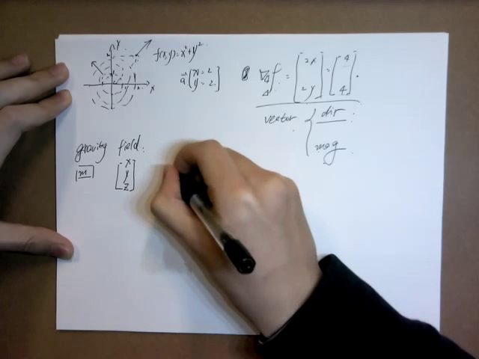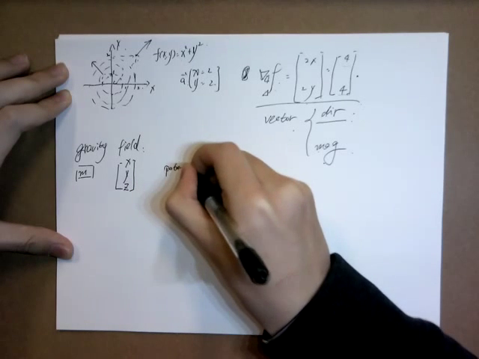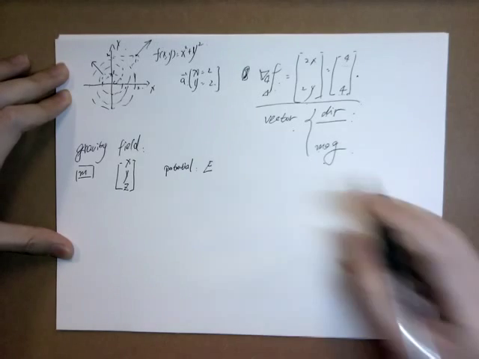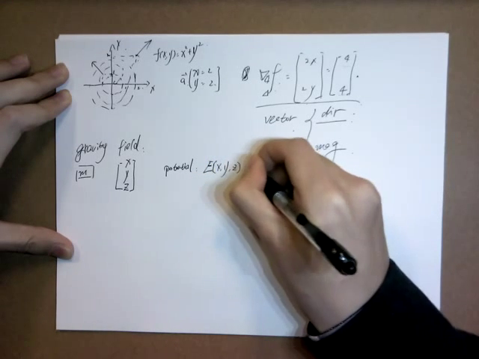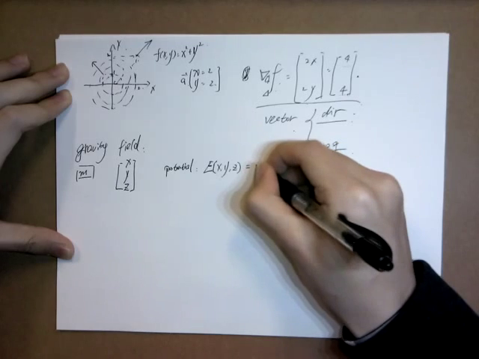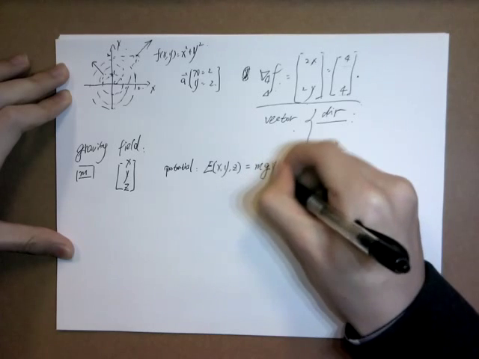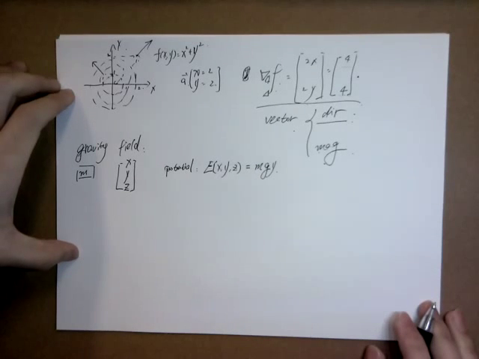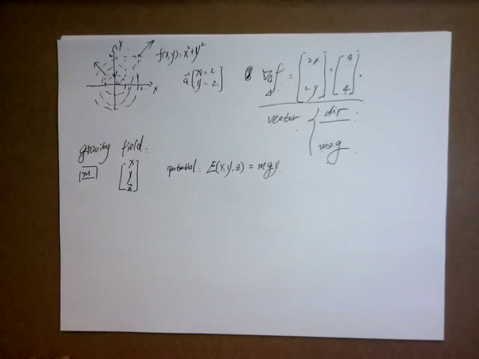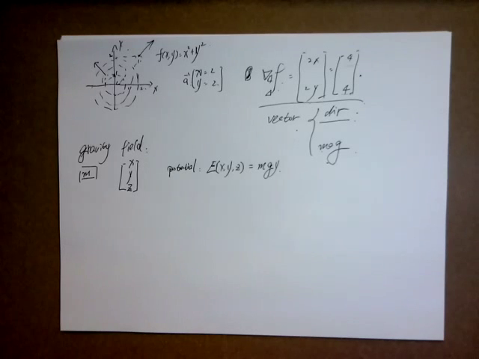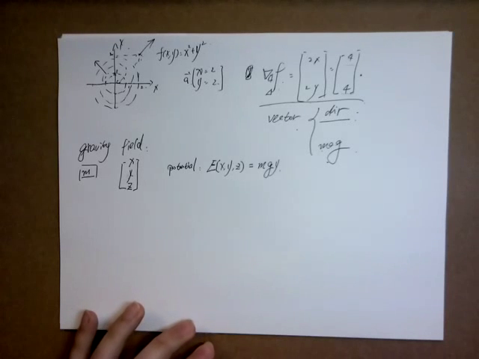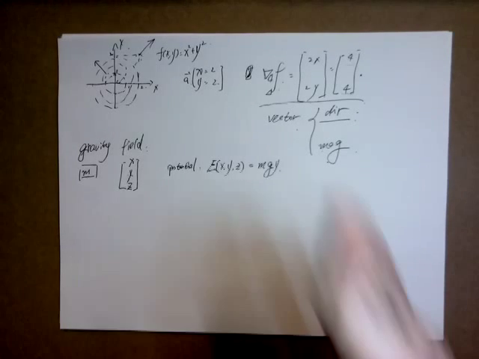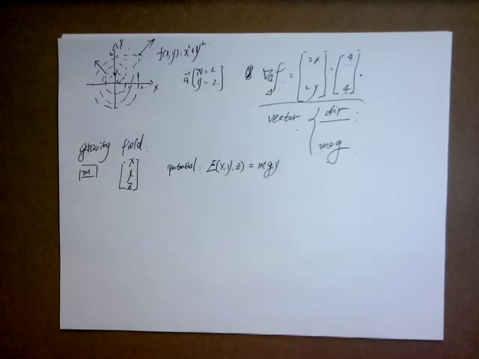The potential energy E of x, y, z equals m, g, y. All right. So this is the potential energy of an object in a 3D space. And y is the height of the object, and the x and the z are the 2 dimensions on the ground.